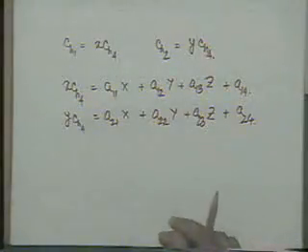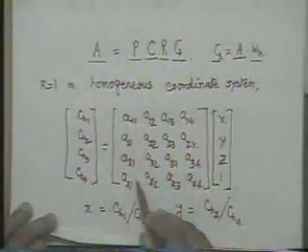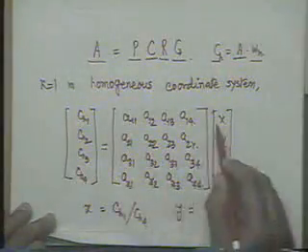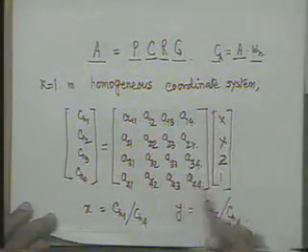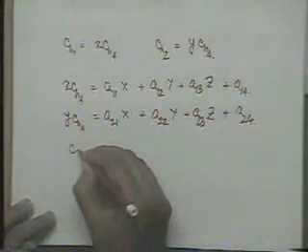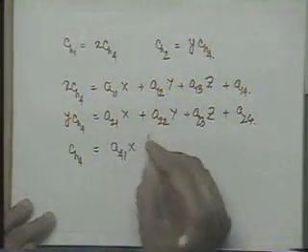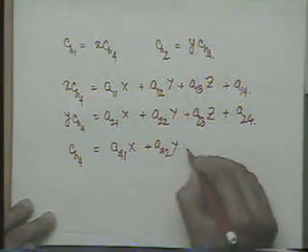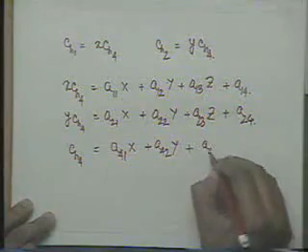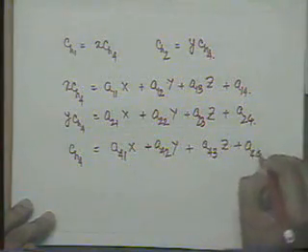And again from this matrix for CH4 I should get CH4 equal to A41X plus A42Y plus A43Z plus A44. So CH4 should be equal to A41X plus A42Y plus A43Z plus A44.